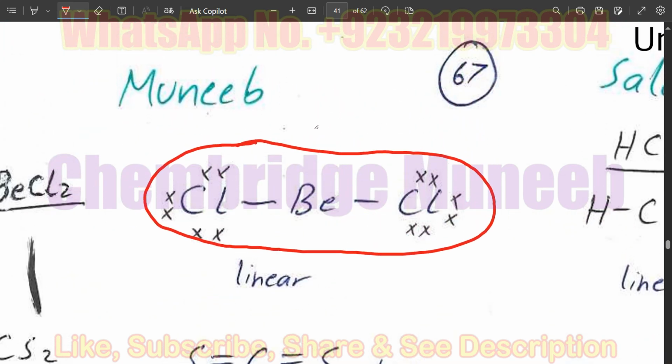This has only 2 electrons in its valence shell. One electron is shared with one chlorine atom on one side and another electron is shared with another chlorine atom on the other side. So again you can see that there are two bonding pairs. These bonding pairs are present at 180 degrees apart from each other, and as a result the shape of this molecule is linear.